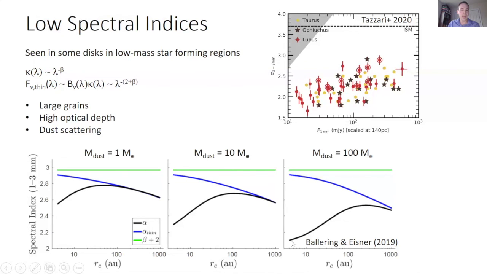That reduces the spectral index down, it can get close to 2, and that might be a good explanation, especially since we are seeing that these disks are on the smaller side. There's also a complication from dust scattering. If the grains are large and optical depth is high, the dust albedo can alter the spectral index as well. So the interpretation of the low spectral indices is a bit complicated.